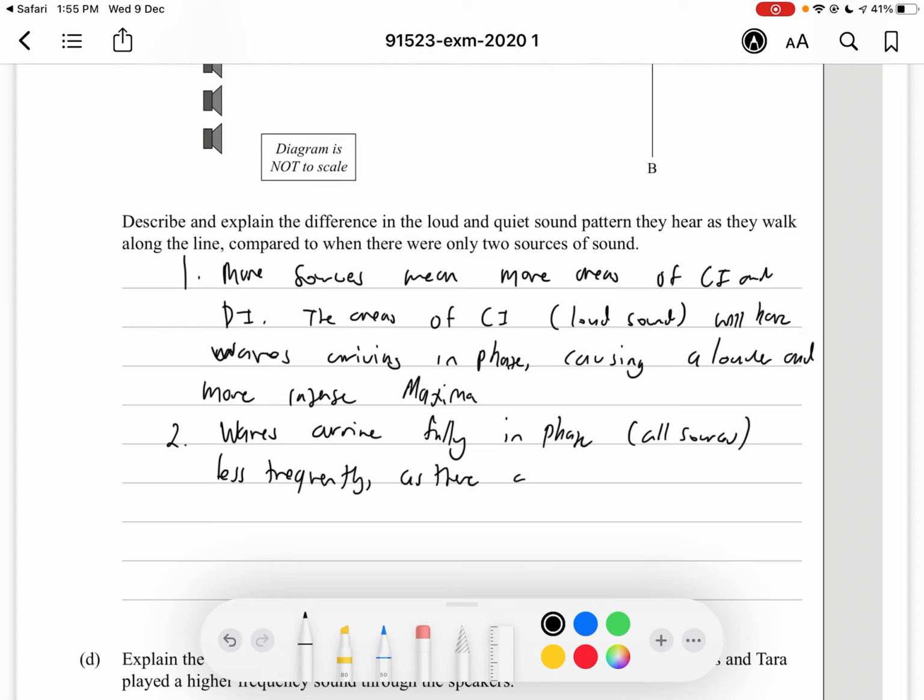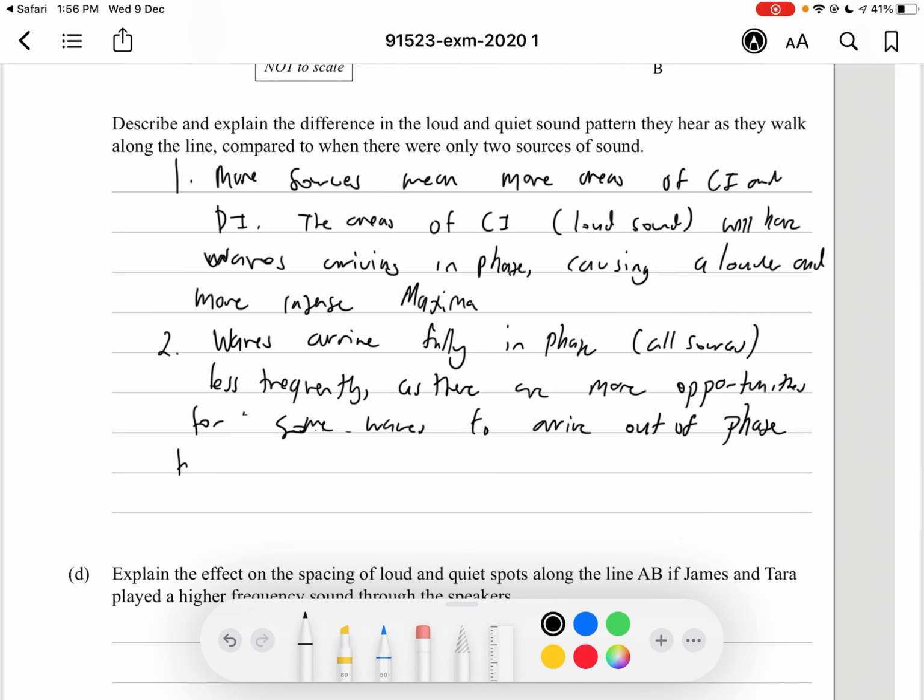As there are more opportunities for some waves to arrive out of phase, hence the areas of CI are more narrow. So this is a more narrow maxima.